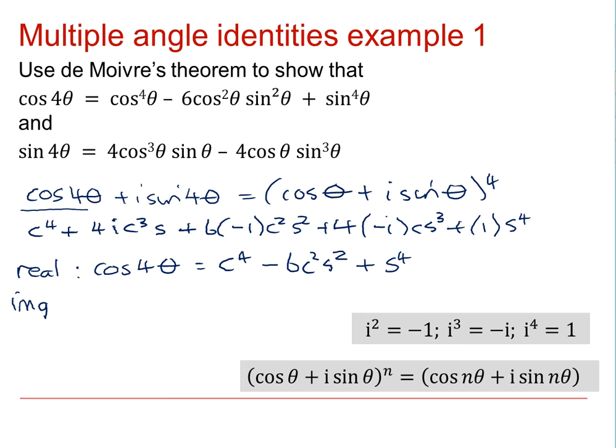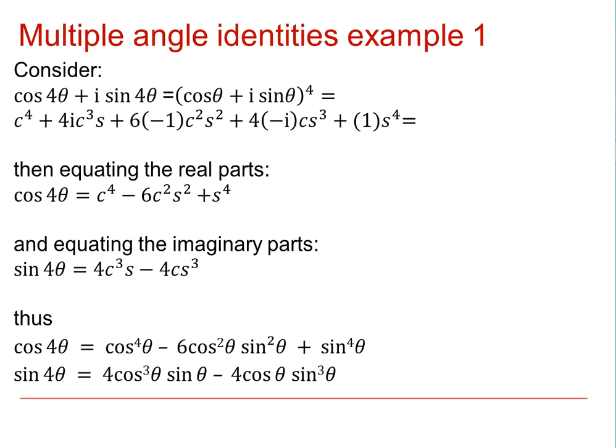For the imaginary part, that is my sine 4 theta, which will equal 4 C cubed S minus 4 C S cubed. Remembering that the C stands for cos theta and the S for sine theta. If I was to write those out in full, you would indeed see that that was what I was asked to prove.